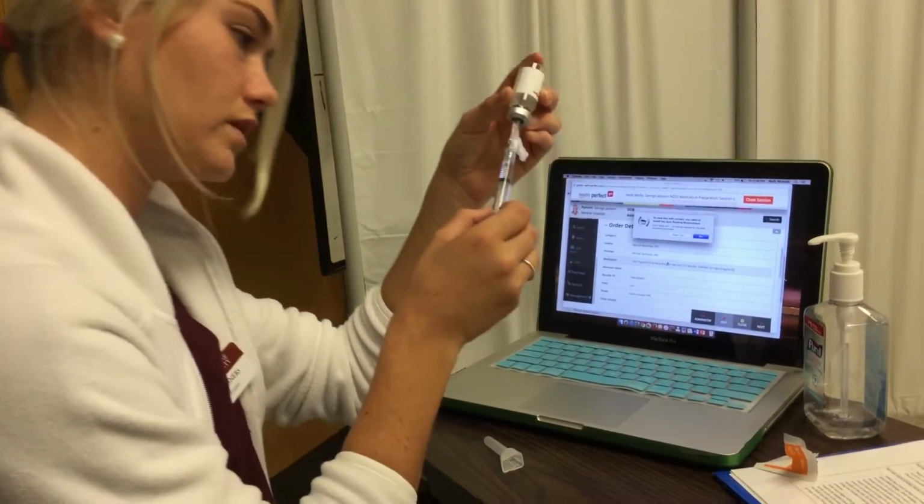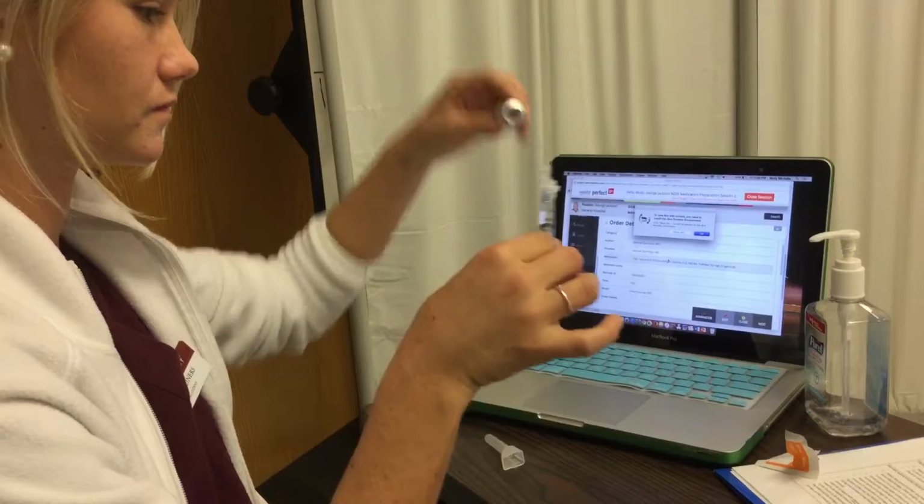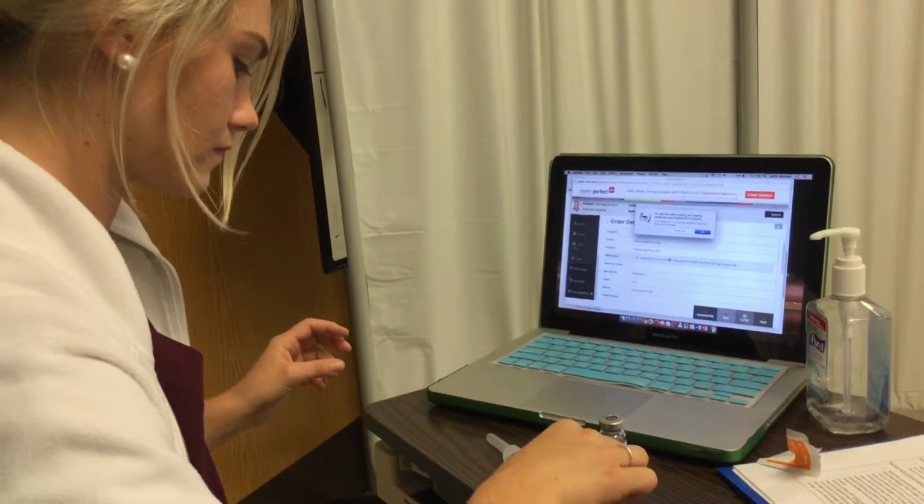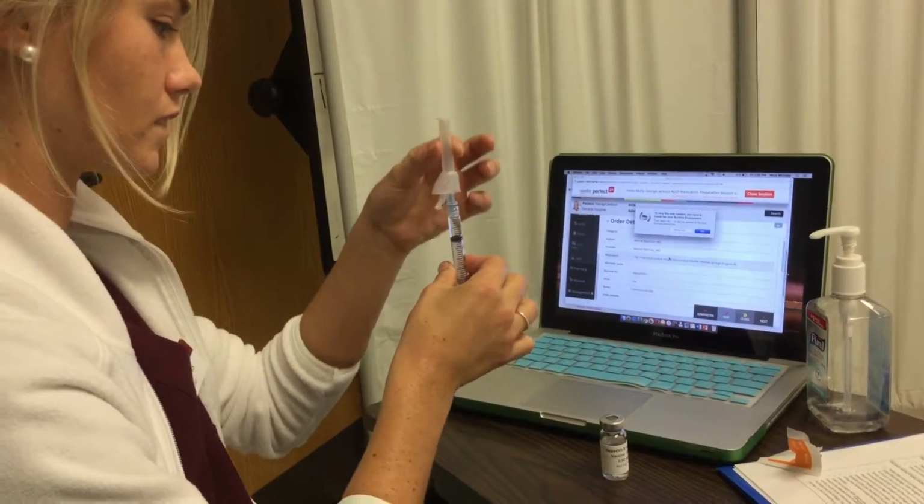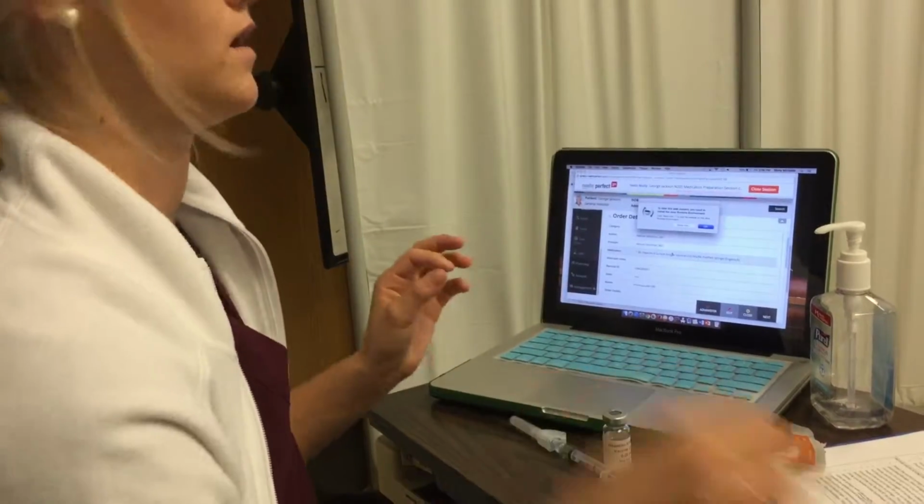Going to make sure I have 1 milliliter with no air bubbles. And put the safety back on that.